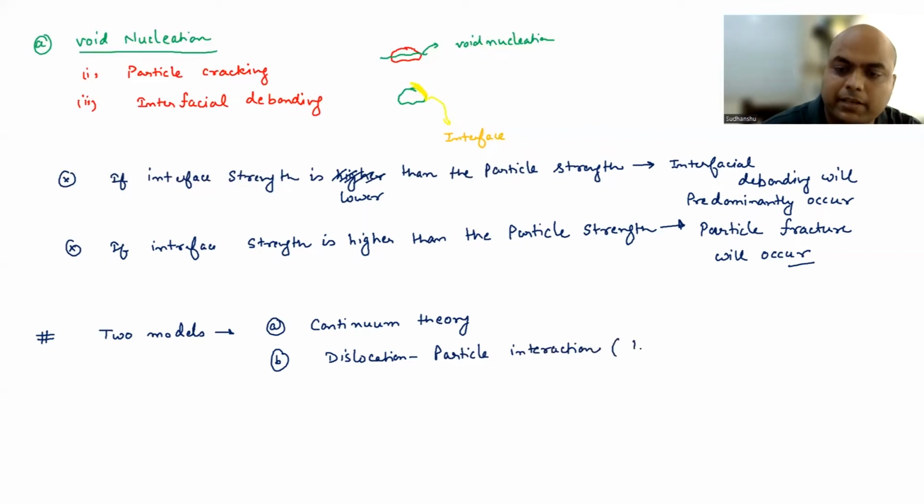And this one is typically valid for particles less than 1 micron. Okay. So now let's talk about both the models quickly. The first one is the continuum model.